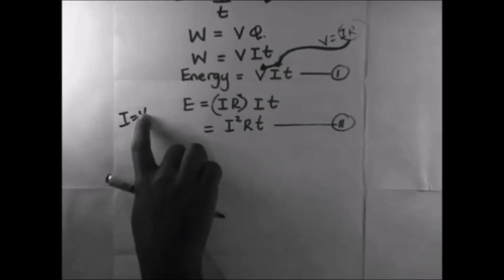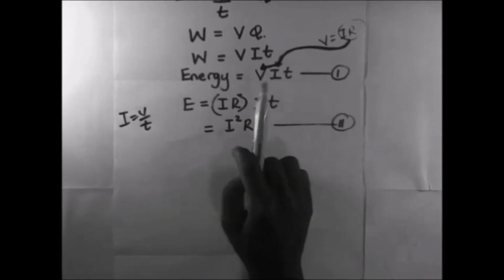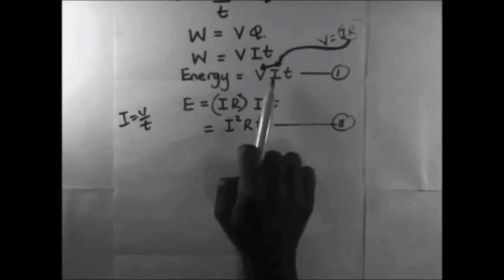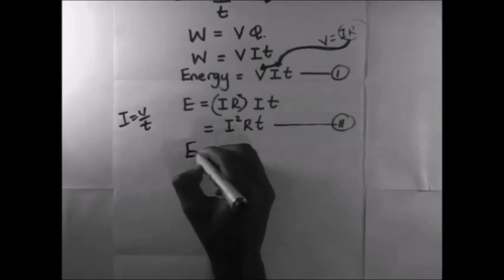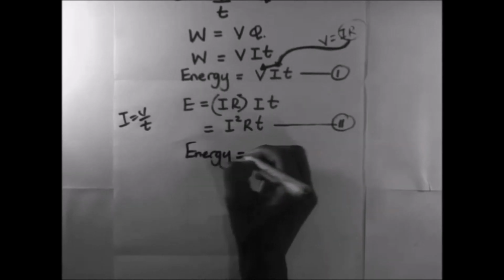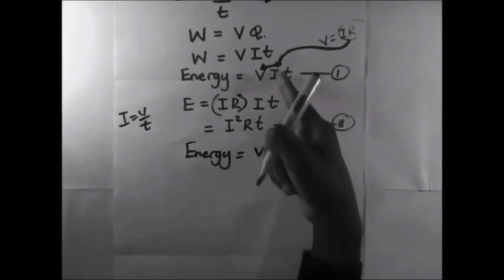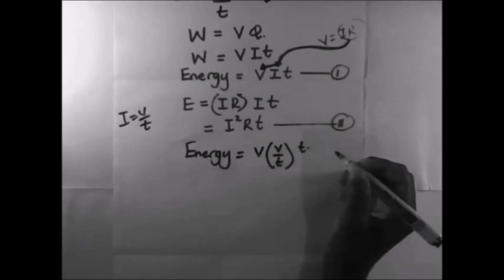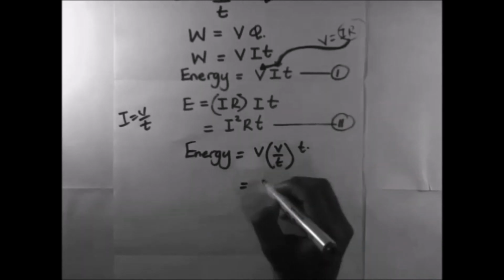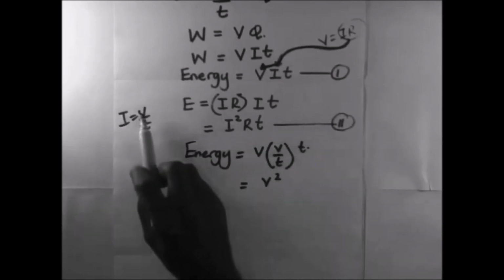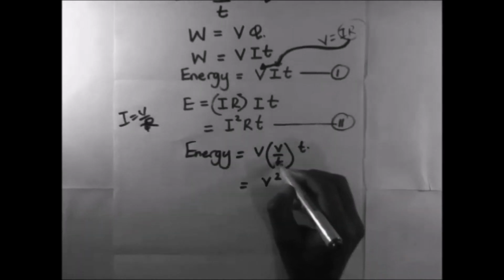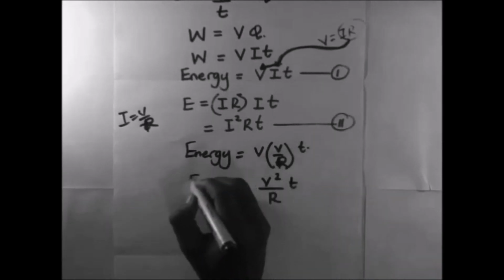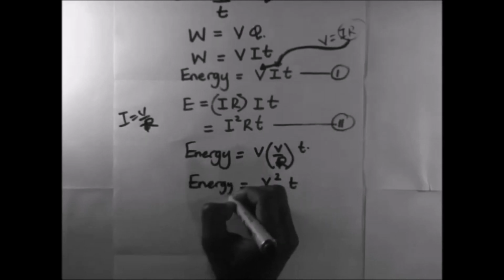We know that I is equal to V over R. So likewise, like before, we can substitute for I in this expression and put V over R. So our energy becomes V times V over R times T. That's V squared over R times T. And that's our formula for energy.